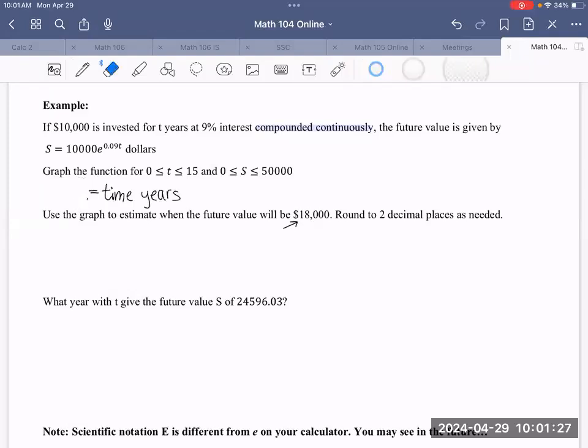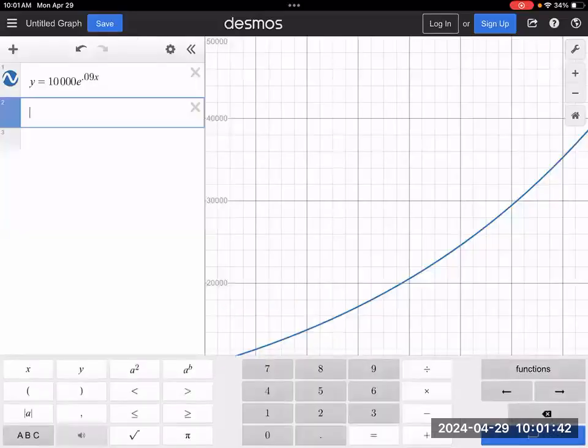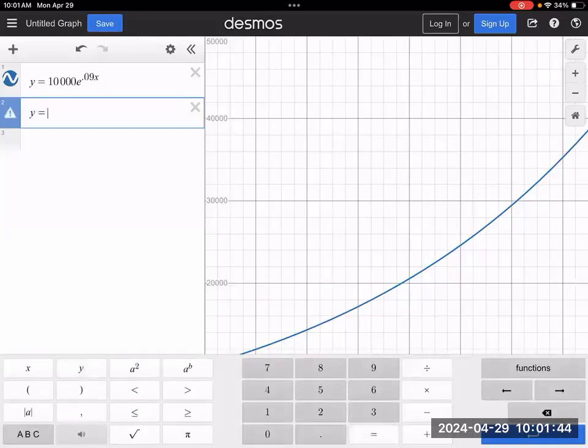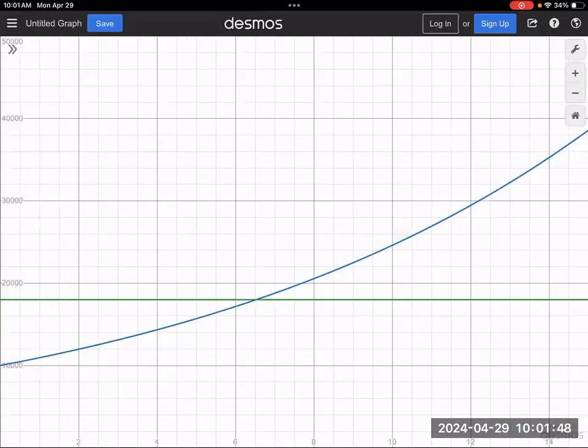Right now it's t, and s is equal to a dollar amount. So if they give us a dollar amount, they are really giving us a y equals amount. So if we come up here and we go to y equals $18,000, what should we be looking for?